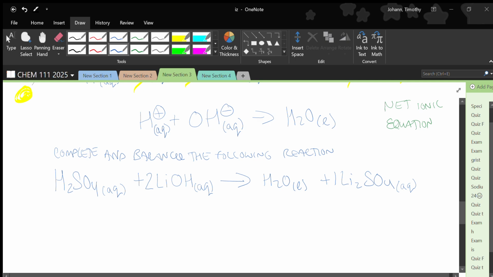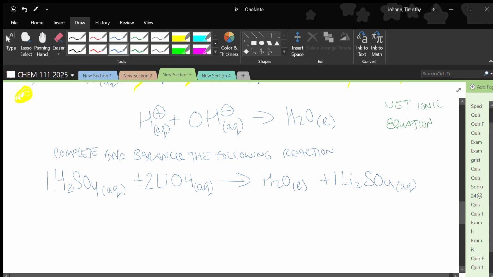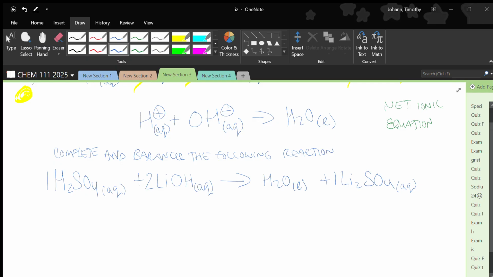So now I've fixed the sulfurs. This is 1 sulfur over here, and I've got 1 there. And let's see if I can balance the rest of it by just changing the number in front of the waters. I know those 4 oxygens go with those 4 oxygens, but I can still count them up. I have 2 oxygens here in front of lithium.